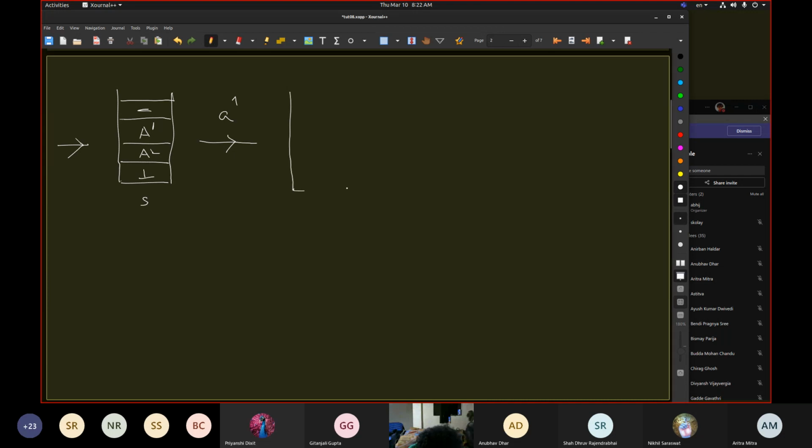What it will do, it will temporarily remove that lead. This is 1, 2. Okay. And then it sees that there is an A which is guessed previously.